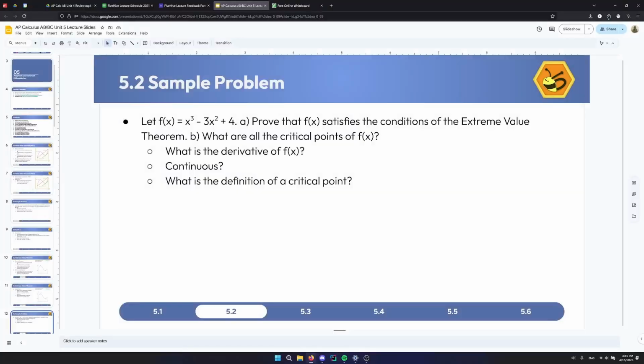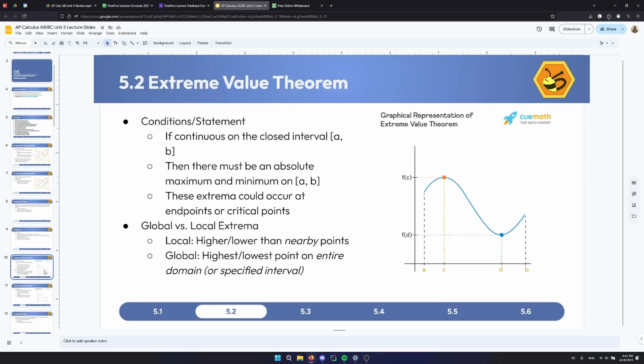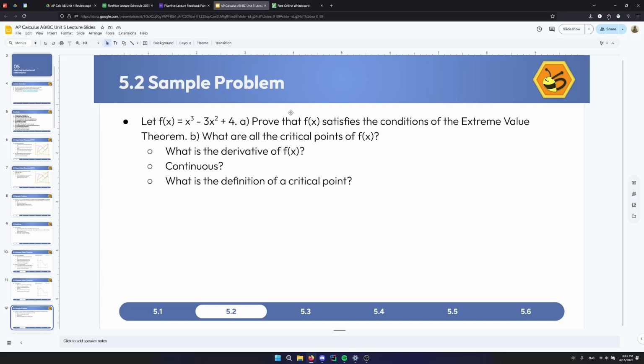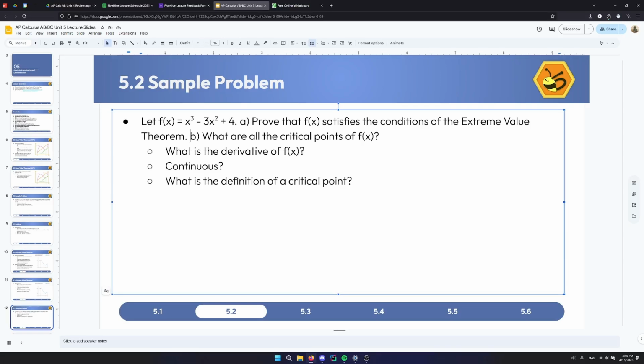Sorry, that was a very good catch. What I did wrong was that for the critical points, you don't have to worry about any interval, but for the actual extreme value theorem, we would need an interval.